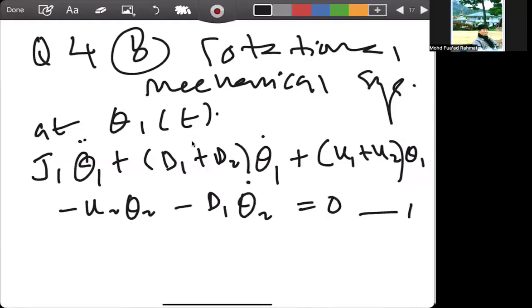This is equation number 1 for inertia J1.